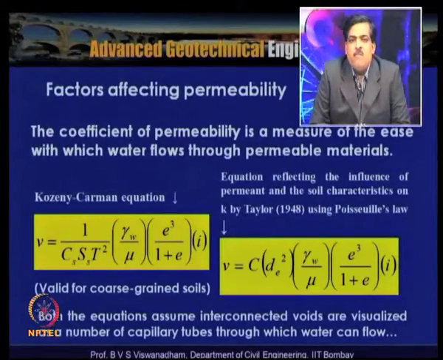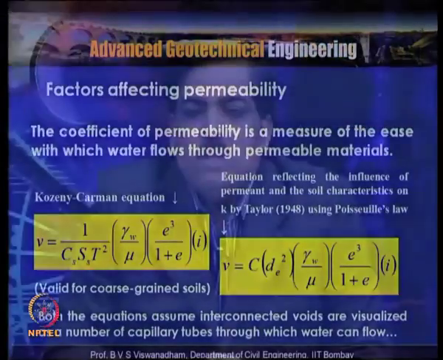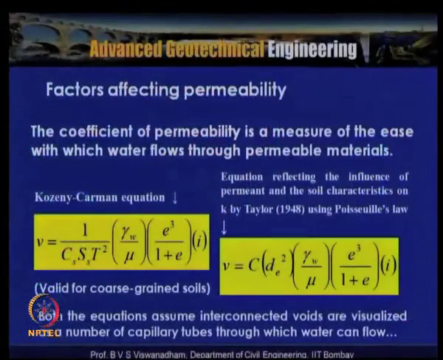This is basically valid for coarse grained soils. Taylor in 1948 also proposed an equation reflecting the influence of the permeant and soil characteristics on K, deduced using Poiseuille's law, given as V is equal to C dE square, gamma W by mu, into e cube by 1 plus e, into i.